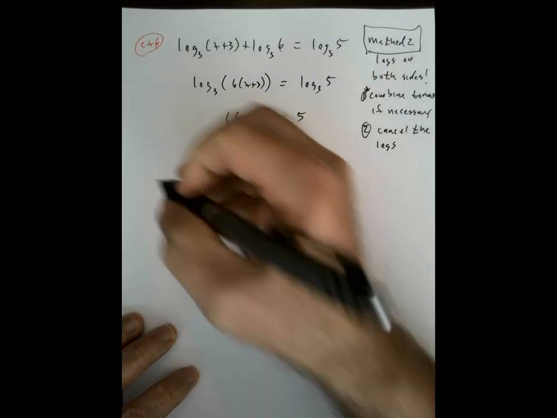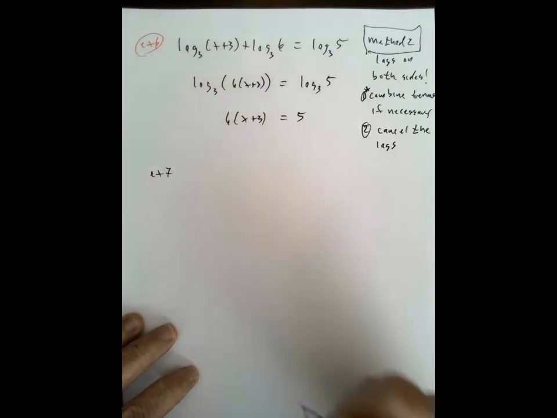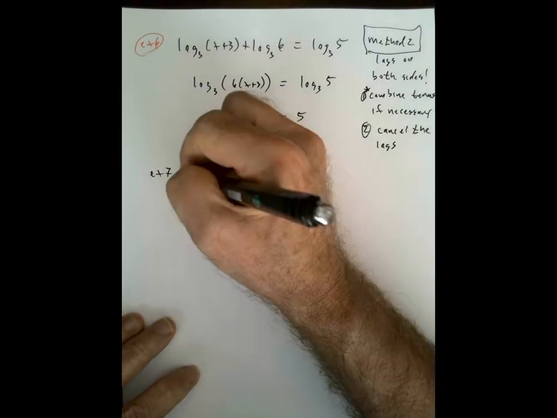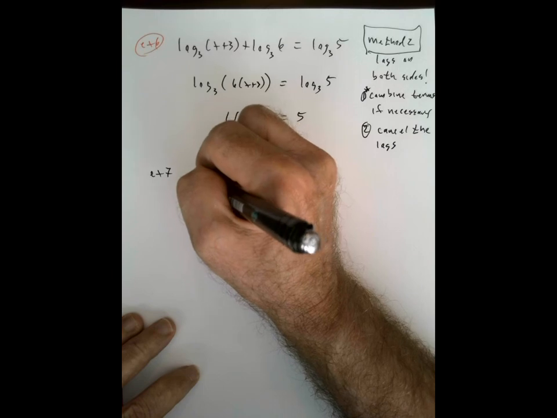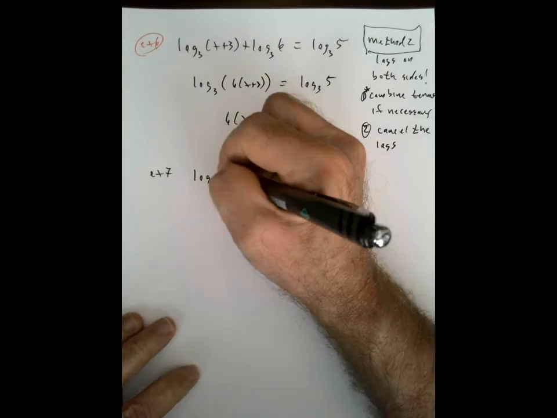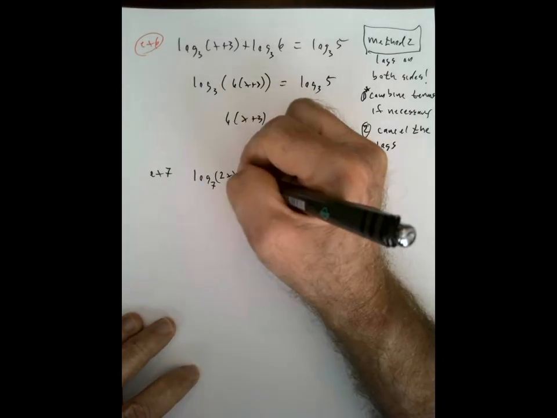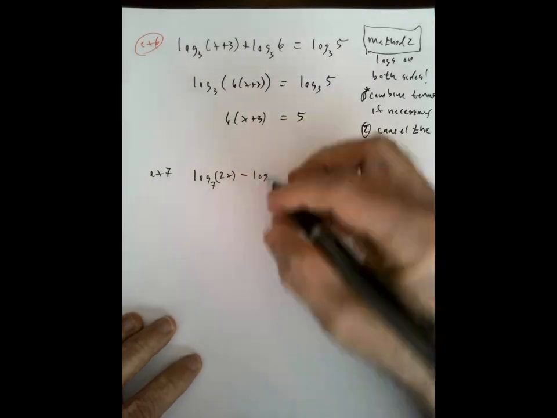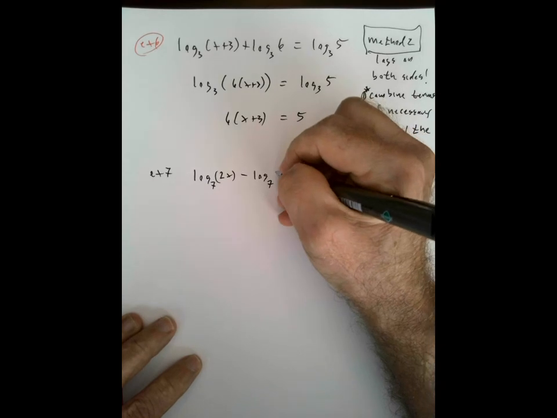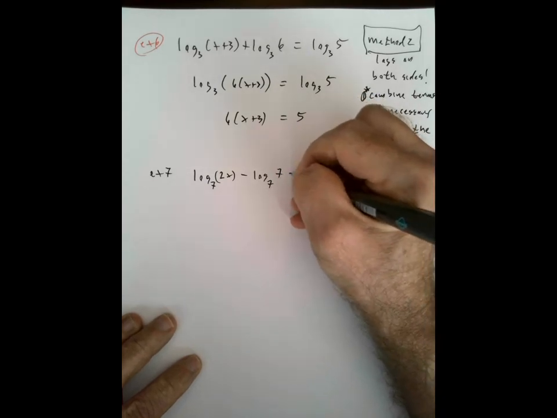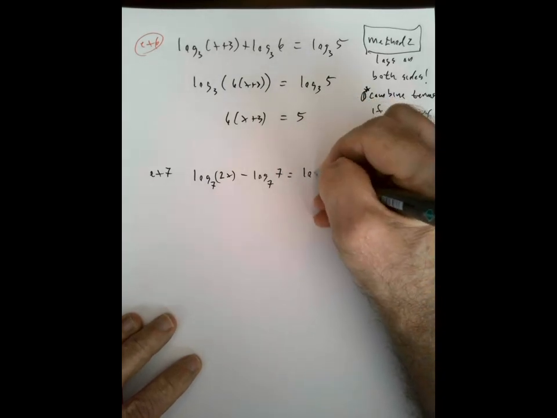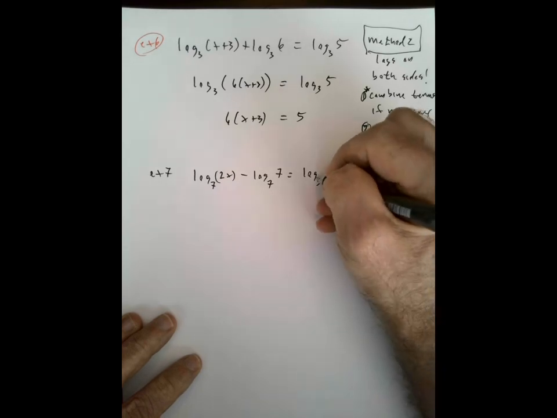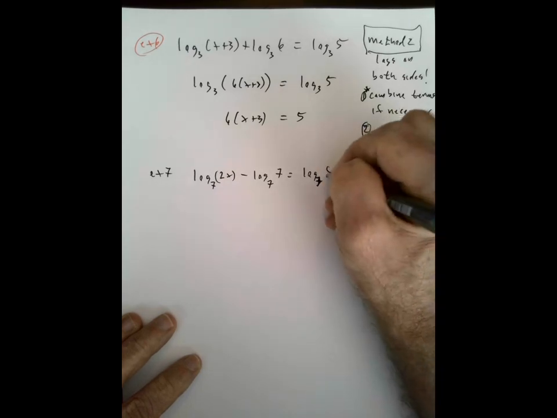Okay, so example 7. Let's try this one: log base 7 of 2x minus log base 7 of 7 is equal to log base 7 of 8.